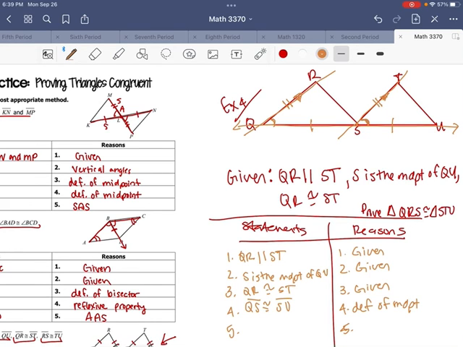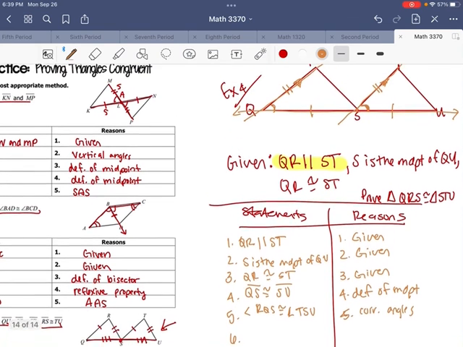So let's write that down. Angle RQS is congruent to angle TSU because they are corresponding angles. And I can only say that because in the problem it told me that I have parallel lines. If it doesn't tell you that you have parallel lines, then you can't assume that you have any of those angle pair relationships.